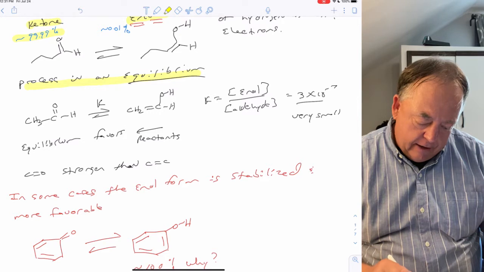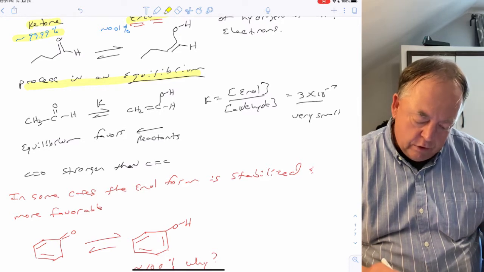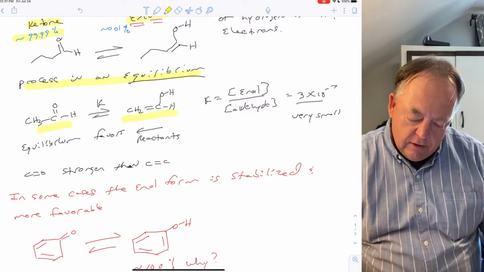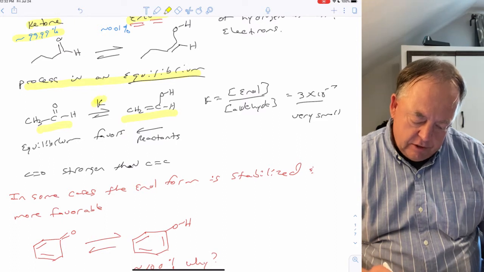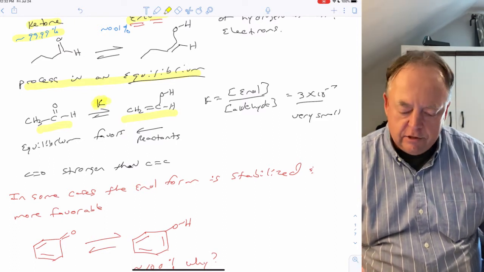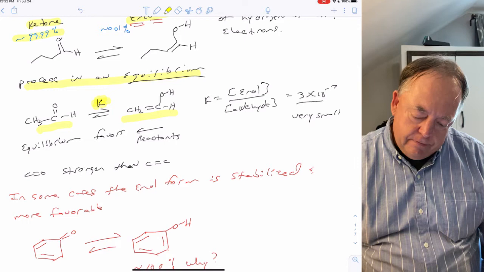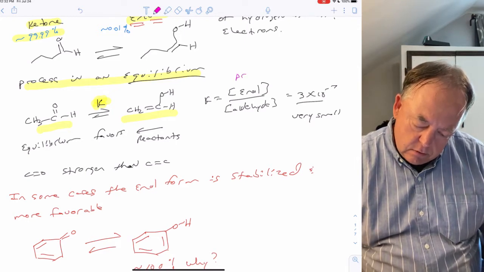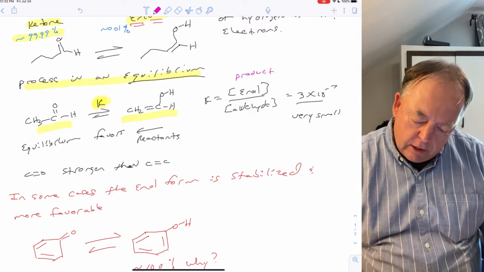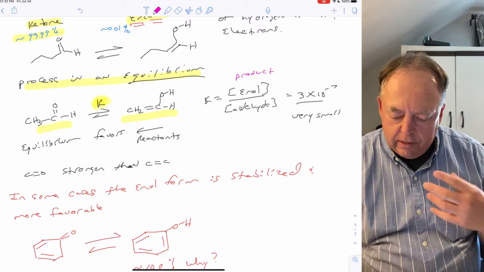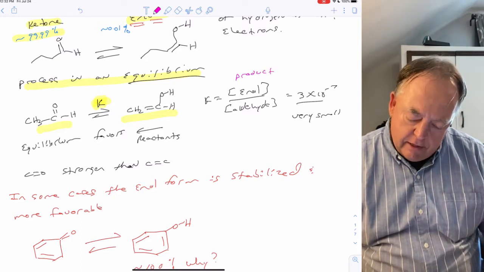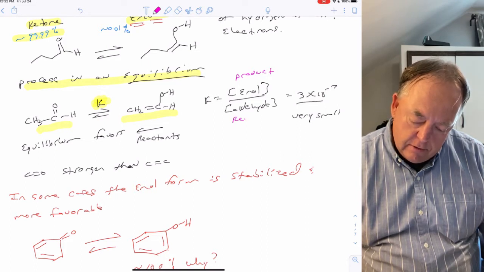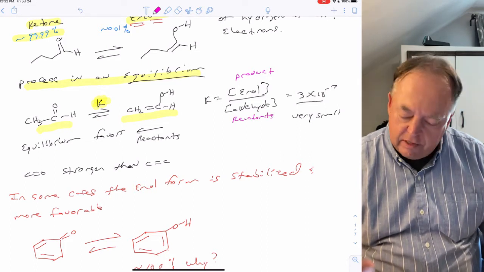So the aldehyde or ketone is always in equilibrium with the enol, as illustrated here. If you remember from general chemistry, you could write an equilibrium constant expression, where the product concentrations multiplied together, however many products there are, are divided by the reactant concentrations, however many reactants there are.